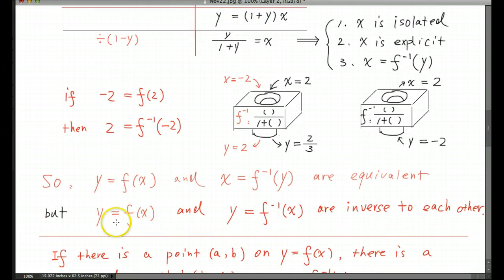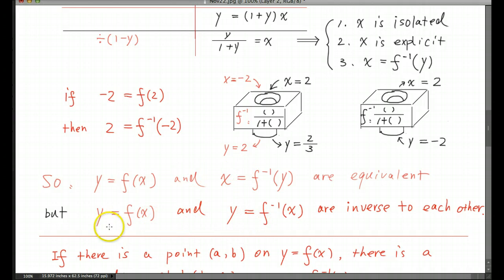But if you compare y equals f(x) and y equals f negative 1 of x, what you changed is that you switched the x and y, and because f negative 1 is different from the original one, these two are different. These two are equivalent, but these two are different.